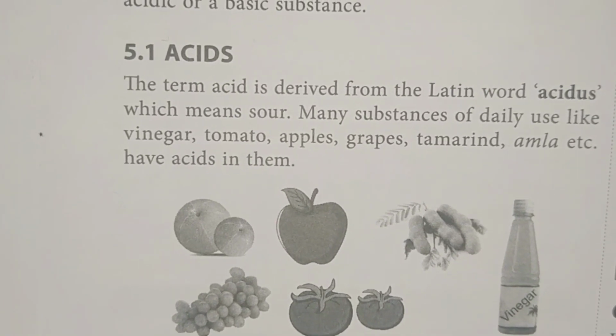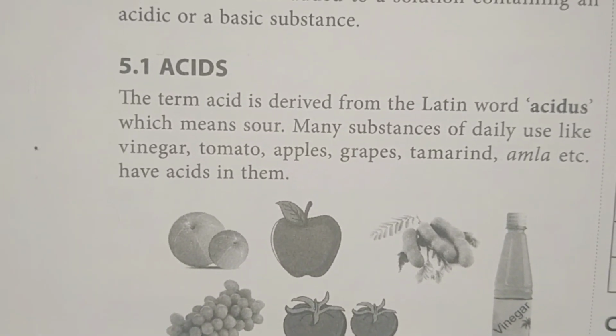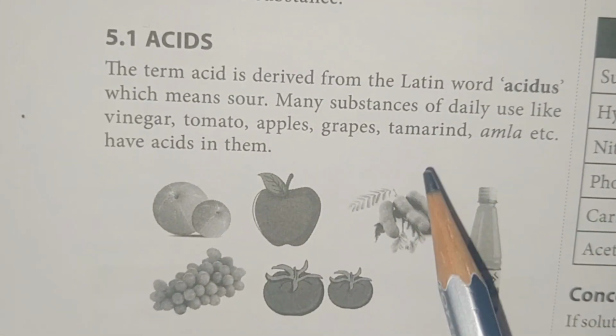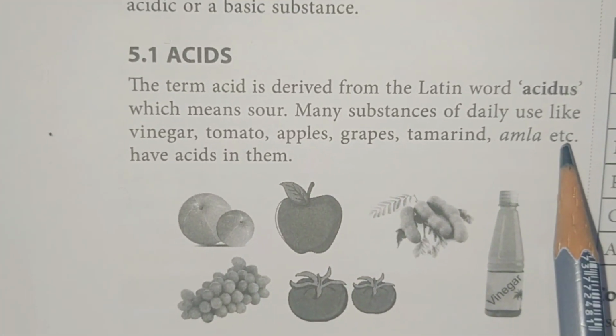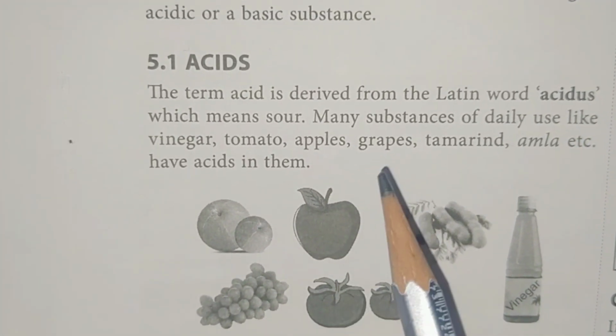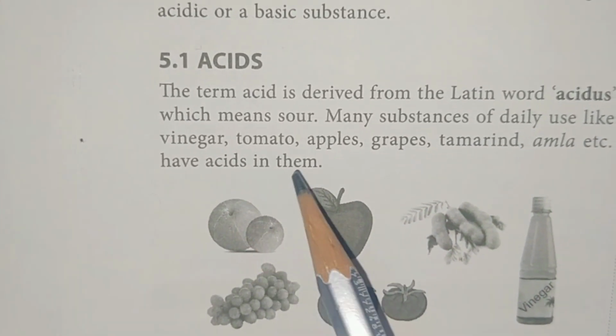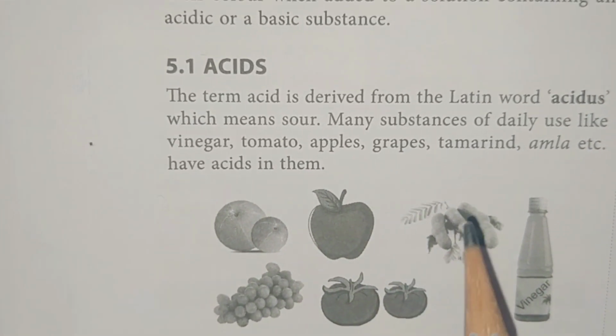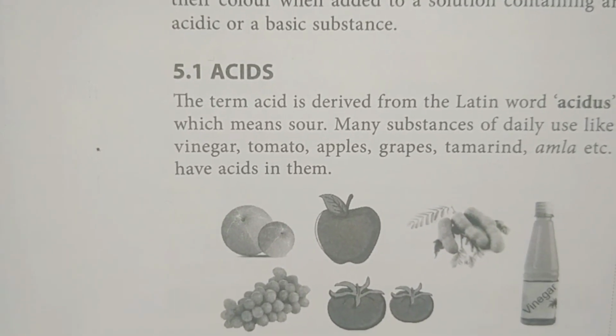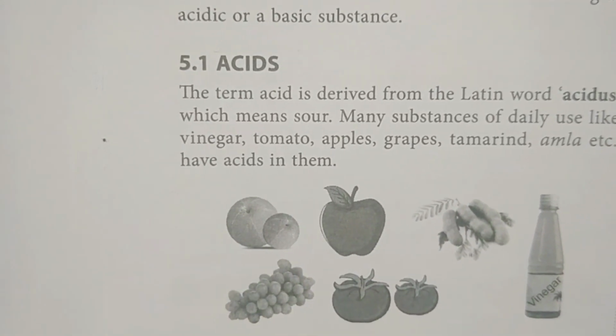Sour means खट्टा. जिनमें हमें टेस्ट में खट्टा लगता है उन्हें हम क्या बोलेंगे? एसिड. Many substances of daily use like vinegar, tomato, apples, grapes, tamarind, amla, etc. have acid in them.